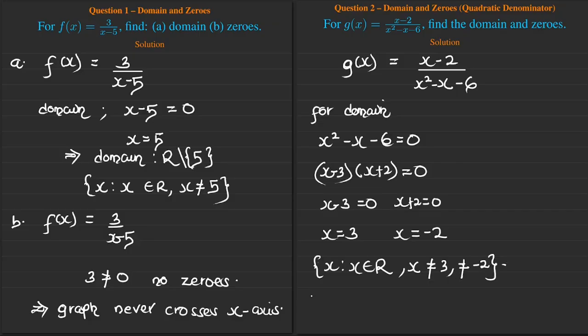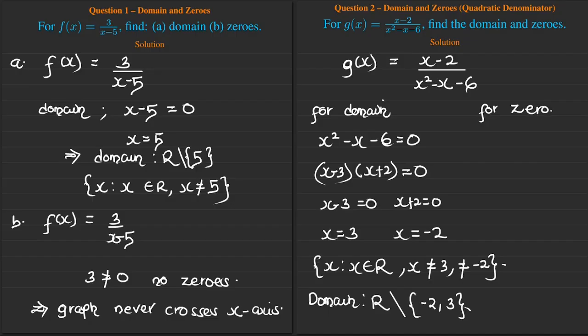Or better still, you can write your domain as all elements of R excluding the set negative 2 and 3. Any of these are correct. The next one says we want our zeros. So for the zeros, what do we do?